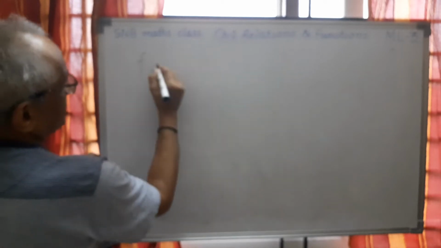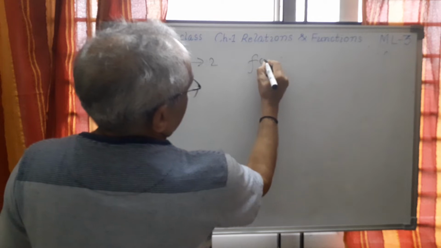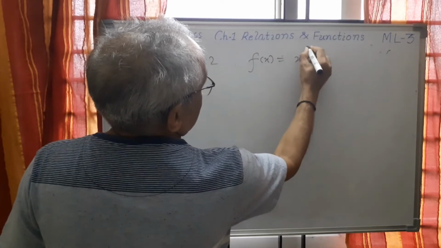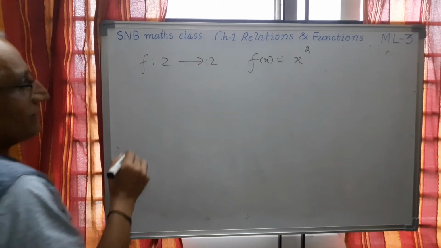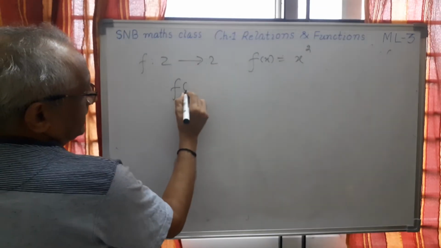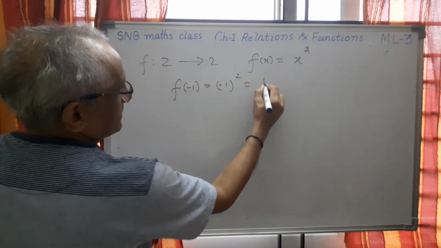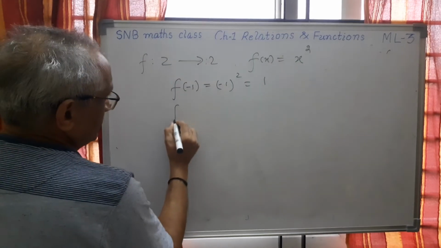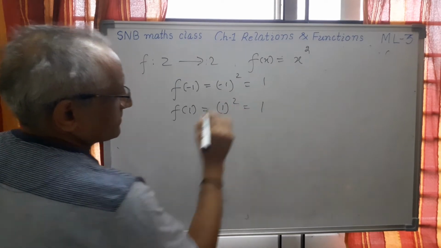Say f from Z to Z defined by f of x equal to x square. Then it is not one-one. Because if you take f of minus 1, this is minus 1 square, which is 1. And if you take f of 1, this is 1 square, this is also 1.